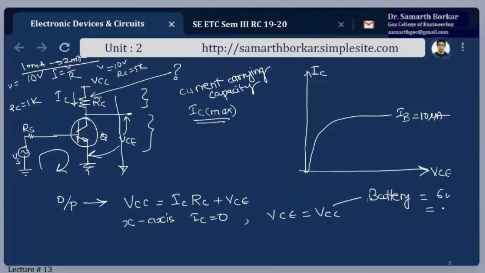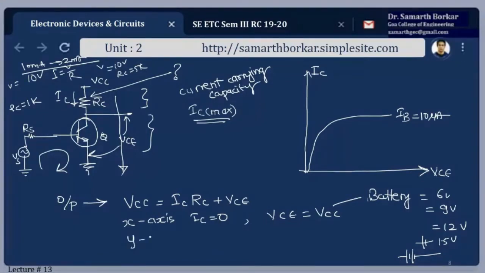For BC108, we use 9 volts or sometimes 12 volts, depending upon the input signal. Now, you see, it is a multiple of 3. Why? A battery cell we get is 1.5 volts, so it is always a multiple of 1.5. Fine. 6 volt, 9 volt, 12 volt, 18, 24, and so on. So this is how a battery is represented, a collection of individual cells.